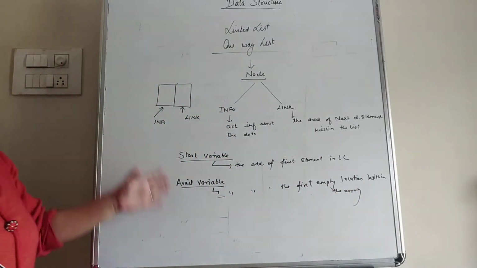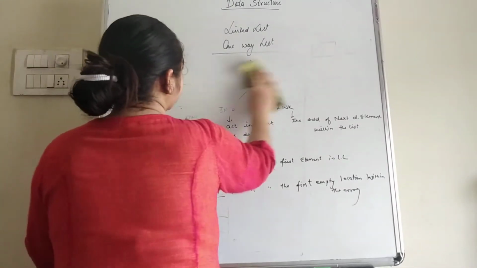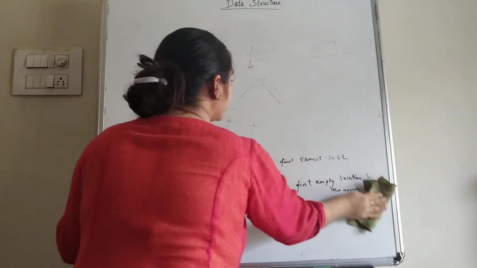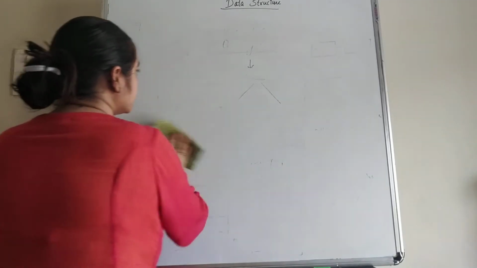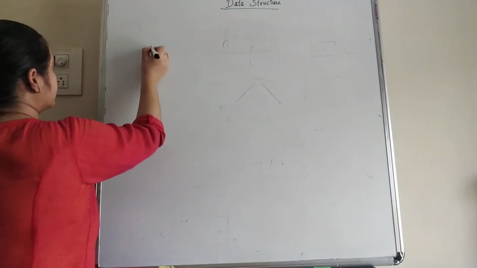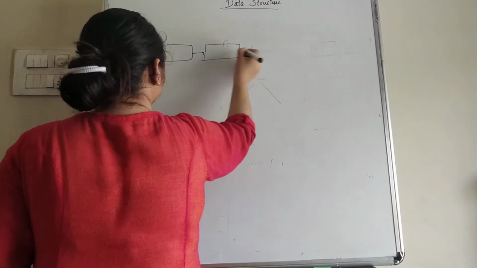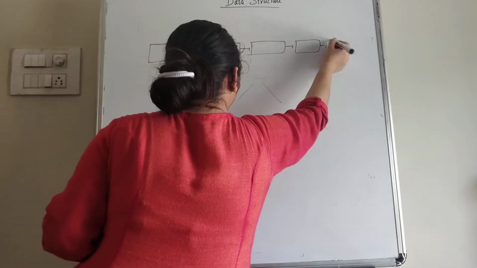Now we can see all these things with the help of example. Now suppose we have a linked list with 5 nodes. So that means in order to create a linked list we have to create 5 nodes. So here this is the first node, this is the second node, this is the third node, fourth node, and this is the fifth node.